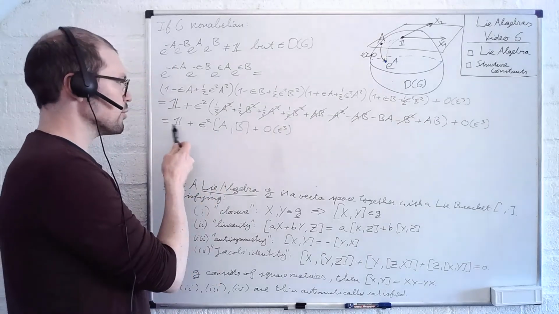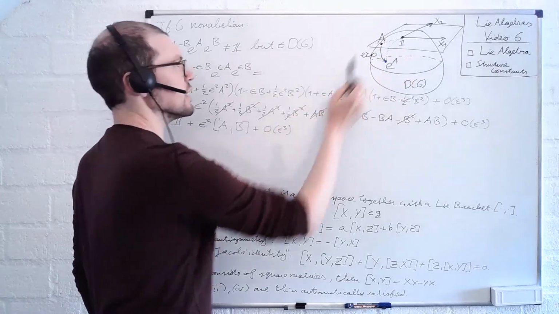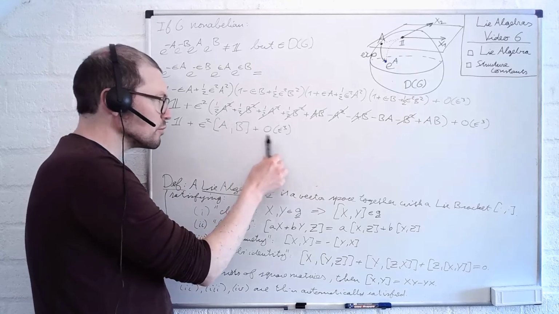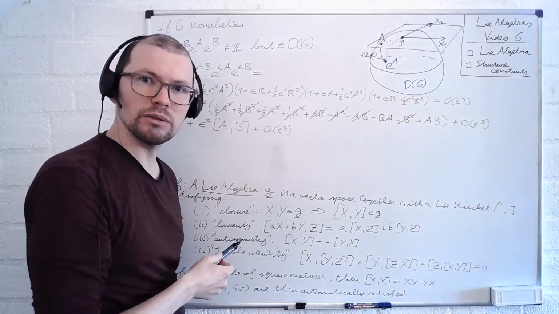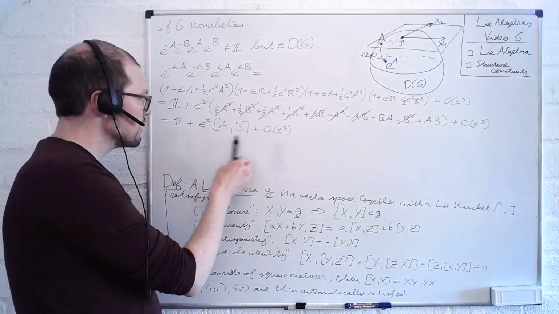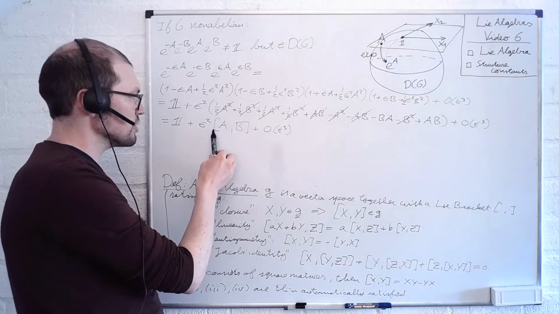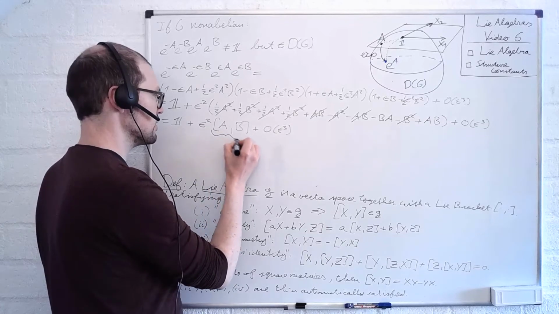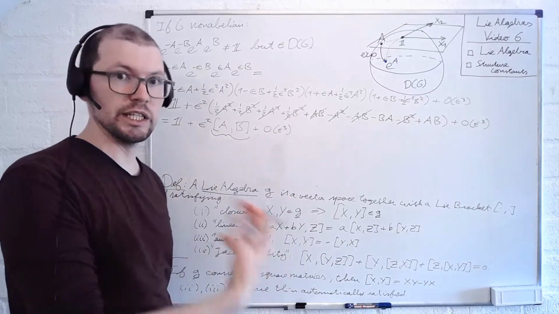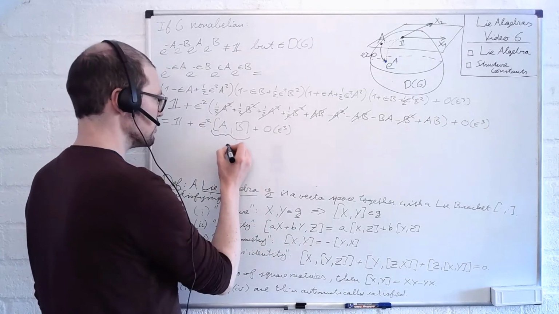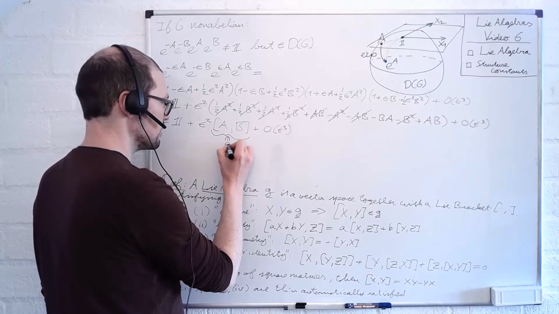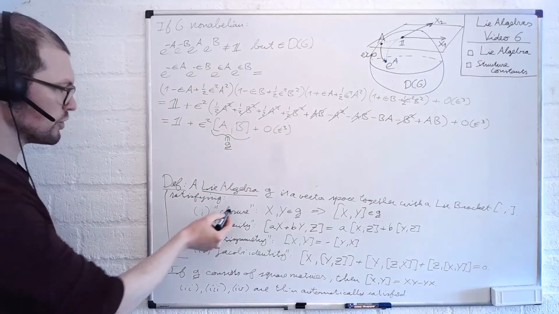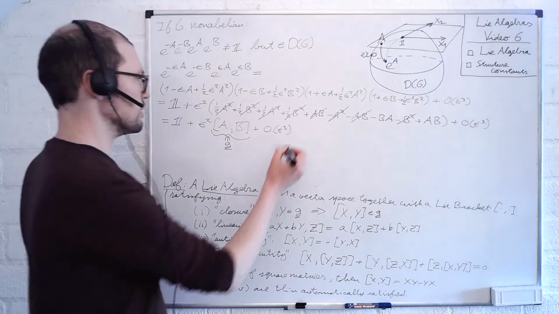I look at an element close to the identity element, and if I take epsilon to be infinitesimal such that I can neglect all higher order terms, then I get a tangent vector, which is just the commutator of a and b. So this implies that this has to be a generator, or a linear combination of generators. So this has to be in the Lie algebra G. So that shows the closure of the Lie algebra.